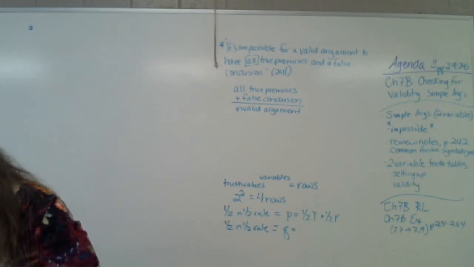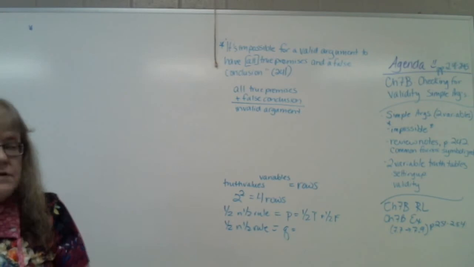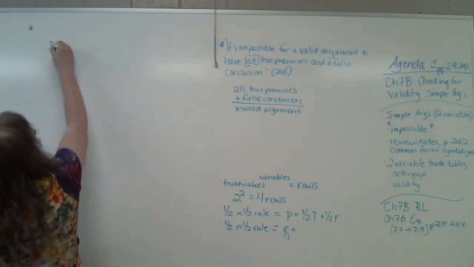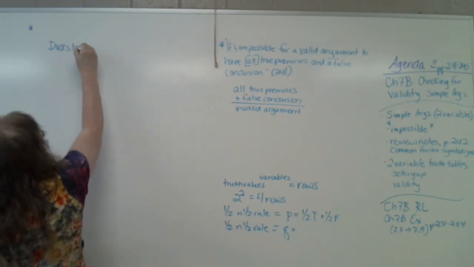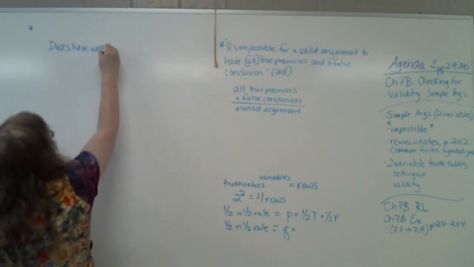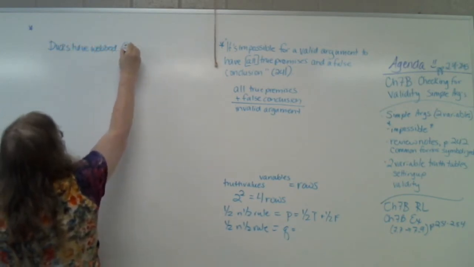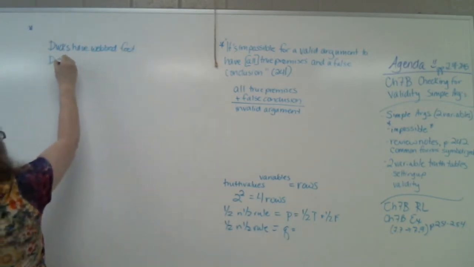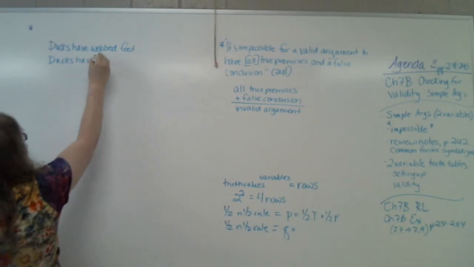I started this here, the underlying structure part. So, ducks have webbed feet. I want to show you how to mark this up too. Ducks have webbed feet. Ducks have feathers.